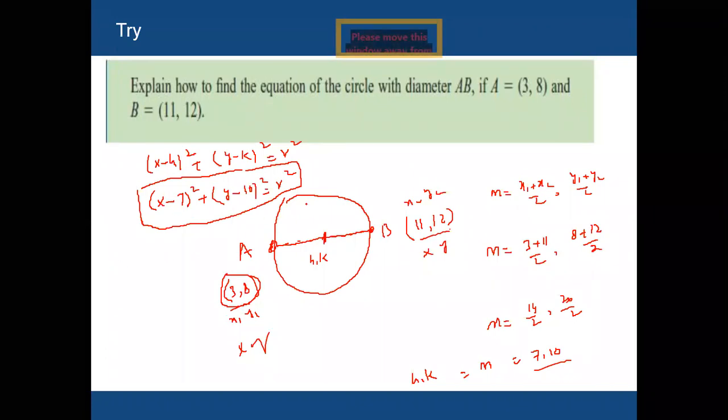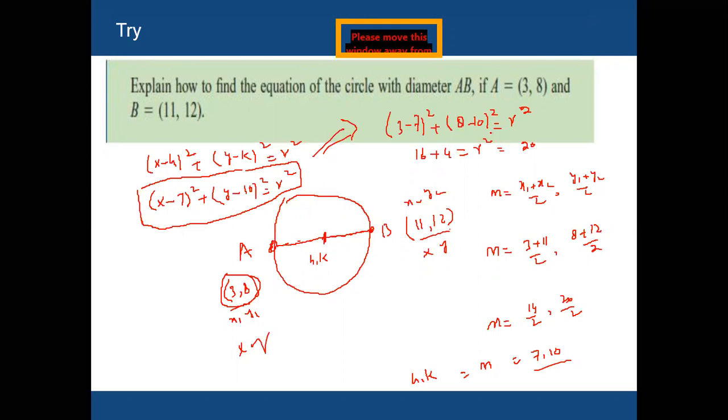So we have 3 minus 7 whole square plus 8 minus 10 whole square equal to r square. 3 minus 7 is minus 4, and 4 square is 16, plus 8 minus 10 is minus 2, and squaring 2 is 4. So r square is equal to 20.